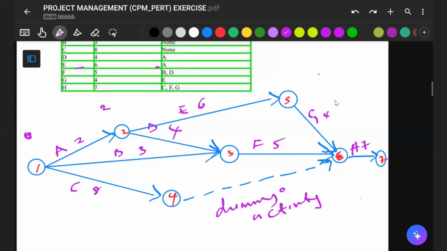So what does this represent? As a matter of fact, let me start to introduce that now. The figures we are picking now are our starting times and our finishing times.